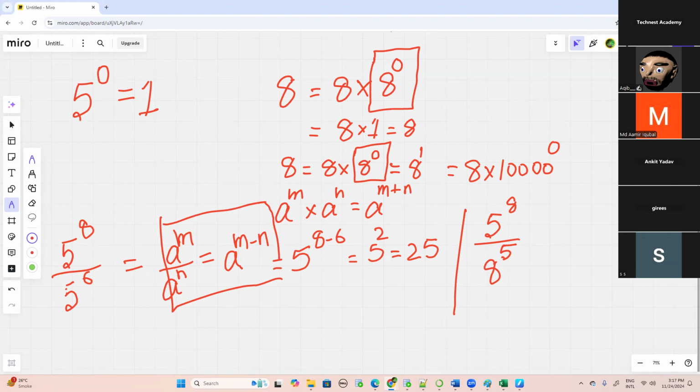Because the bases are different, so you cannot apply this logic here. There are multiple other ways you can solve it, using a logarithmic function or other things, but this formula can't be applied here because here the base is 5 and there the base is 8. The bases are different. Hope this is clear.